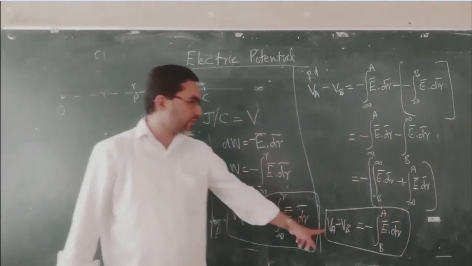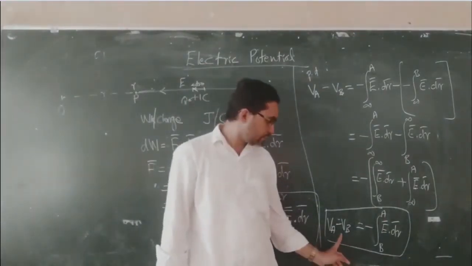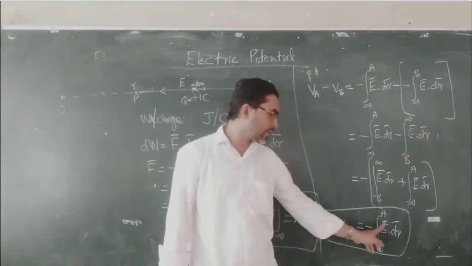That is the expression for the electric potential difference between 2 points: VA minus VB is equal to minus integral from B to A of E dot dr.